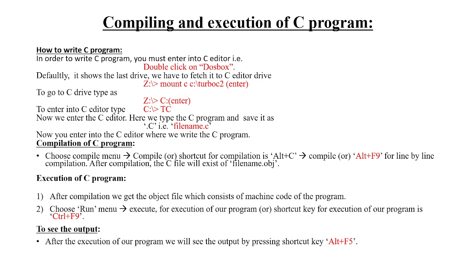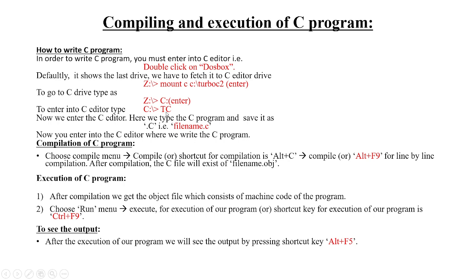To do so, we mount C:/turbo C2 and press enter. Later, to move to the C drive, again we type C: and enter. Now we enter into the C editor, and there we type TC.